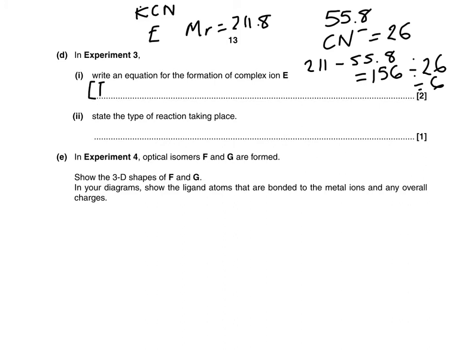Right, so X is our iron complex. All 6 ligands are going to be replaced with a cyanide ion.